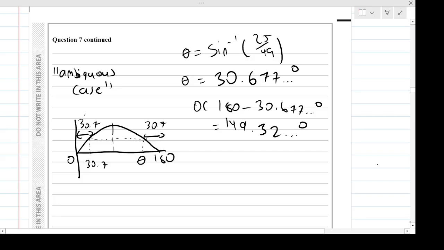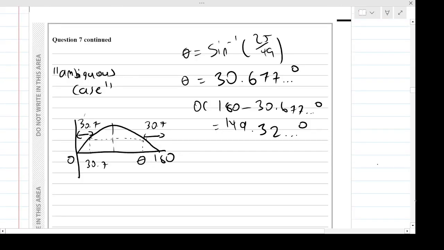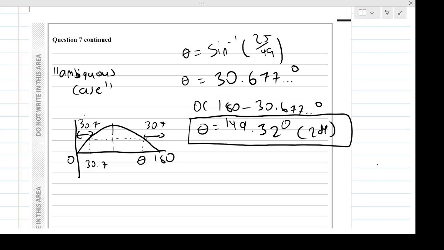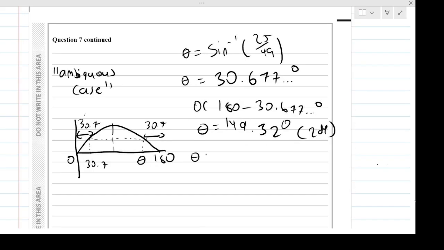Okay, so all to 2 decimal places. There we are. Cool. So that is my solution. Okay, so I'll make a note of that. Say theta is obtuse. So to clarify, this is my only solution.